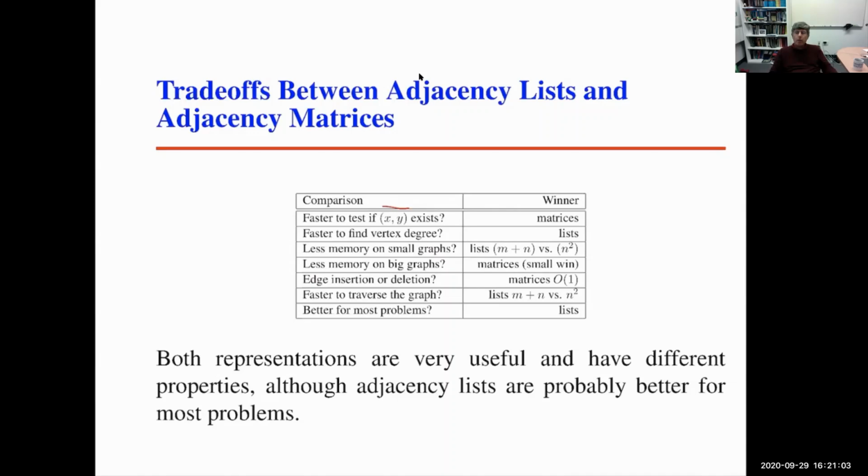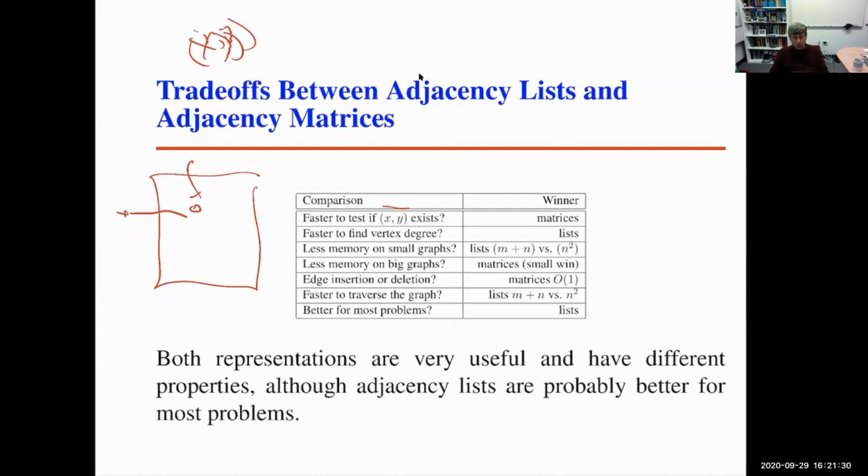How much time would that take? Or let's make this less personal. How do I know if edge xy exists in the graph? In an adjacency matrix, I would do what? Look up the x comma y element. That would take constant time. Does everybody agree?